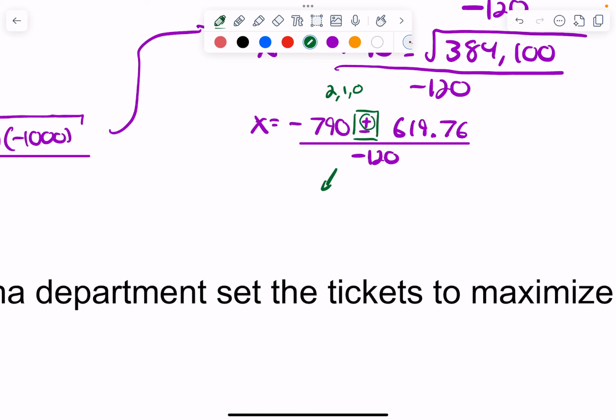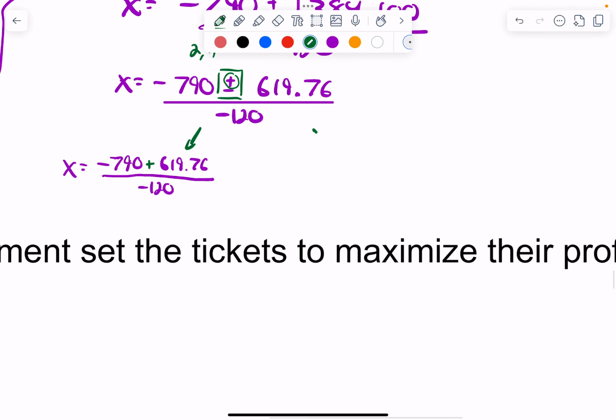So you'll have one solution where x equals minus 790 plus the square root, 619.76, all over minus 120. And then you have the other one, which would be x equals minus 790, and in this case, minus 619.76, all over minus 120.